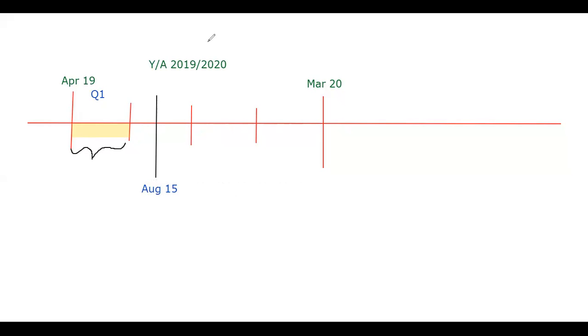Let's say the amount they have considered is 25 million. Then this is 25 million for this quarter, and they need to pay 25 million on this day. This is how you are going to make quarterly payments.